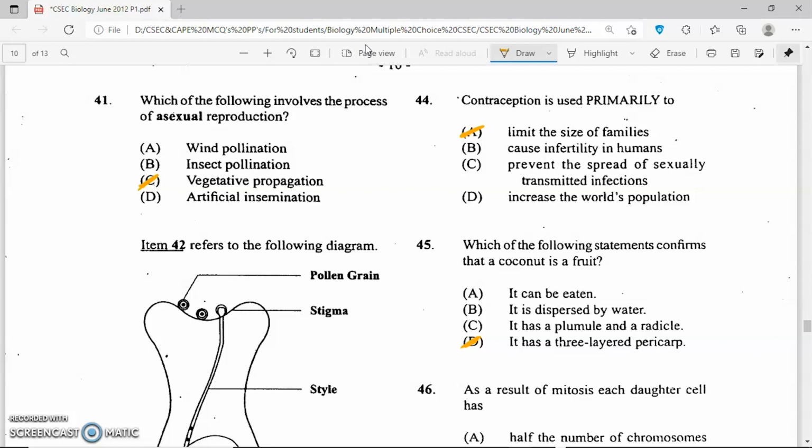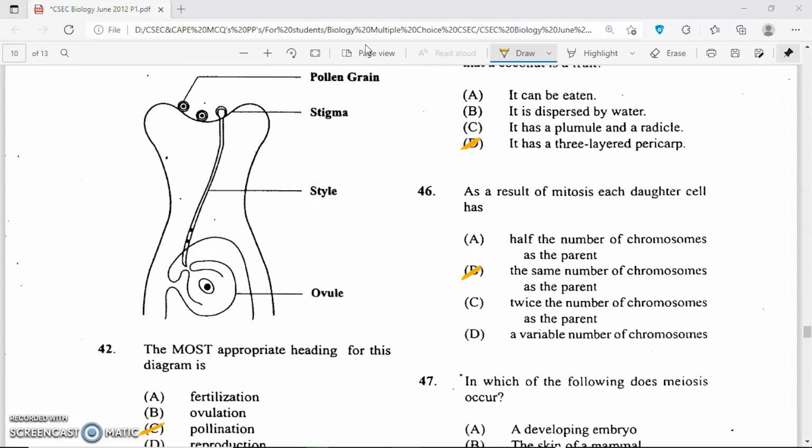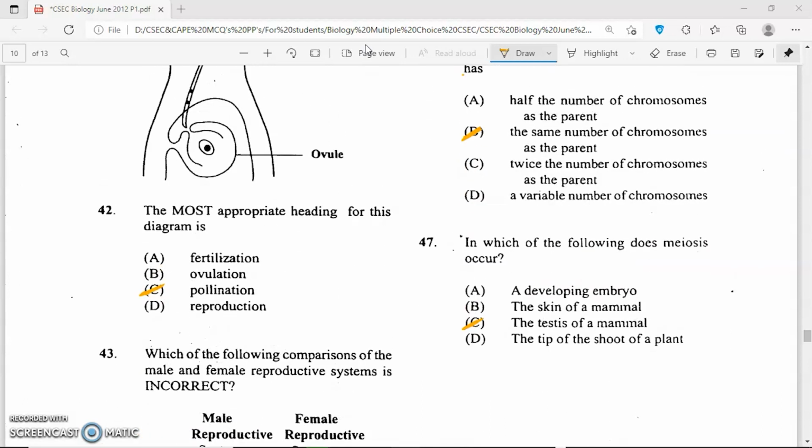Item 42 refers to the following diagram. The question says the most appropriate heading for this diagram is A. Fertilization, B. Ovulation, C. Pollination, and D. Reproduction.